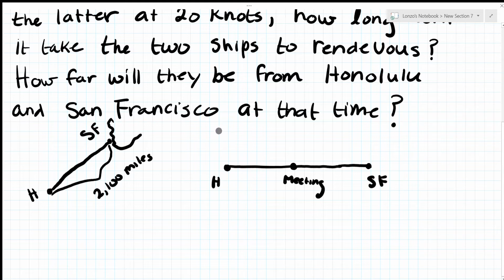So distance 1, or ship 1, has 20t, because it's 20 knots. So distance 1 is going this way.